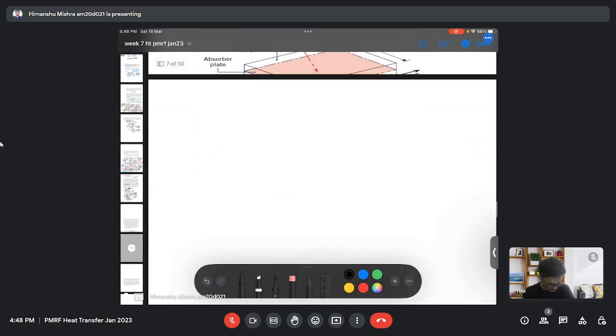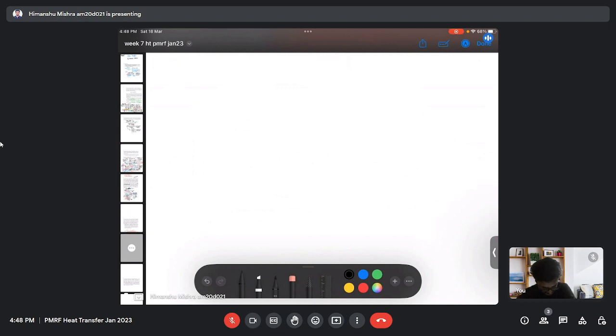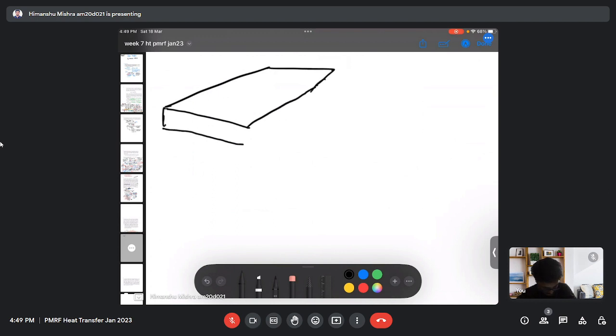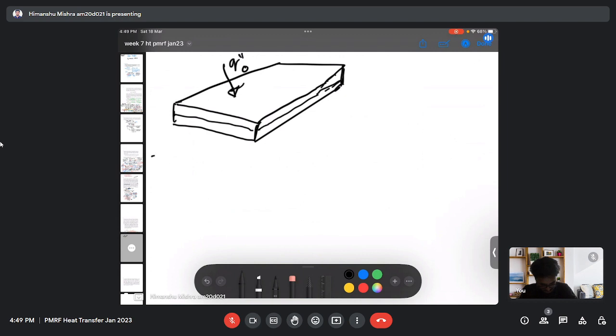So here we have a collector, let's say this is my collector, and there is a heat flux from the top side, and there will be air which is entering here.